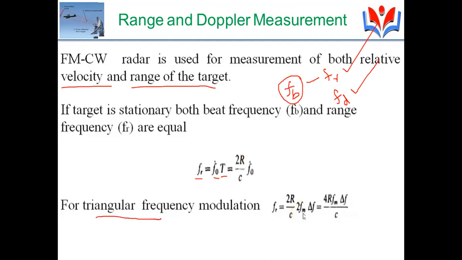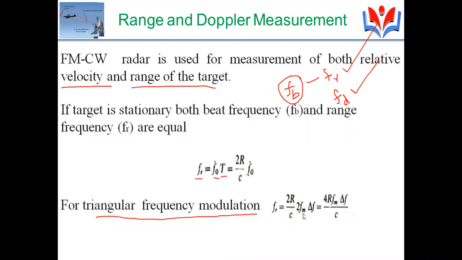For a triangular frequency modulation, what is meant by triangular frequency modulation is that the signal we transmitted is triangular modulated. Triangular modulated in the sense that the message signal we have taken for modulation is a triangular wave. In that case, the range frequency is given as 2R by C as it is.